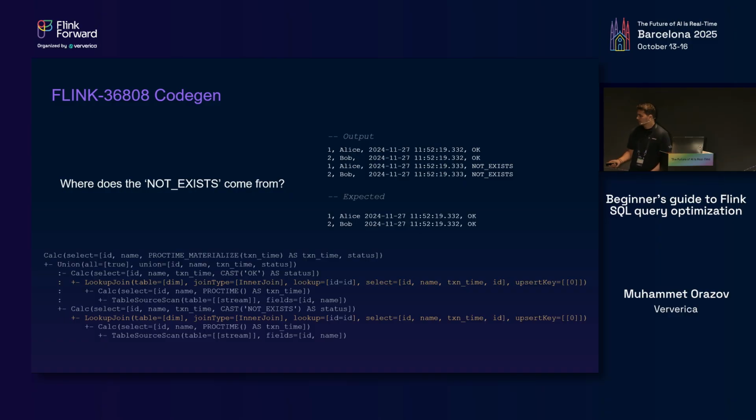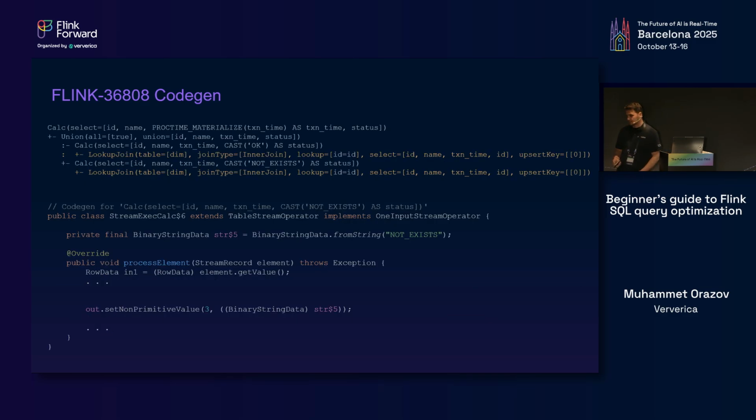The planner selects this lookup join, which has the records with the OK status. Same for this one. But if you look at the calc operator, it overwrites the status. So we have the OK for this part, but again, with the lookup join here, also the OKs are coming, but the calc operator later overwrites that with the not exist.